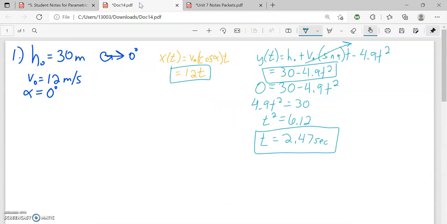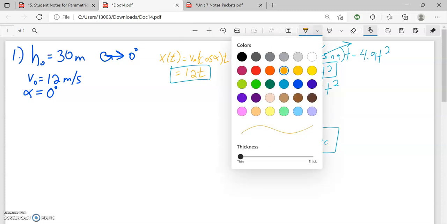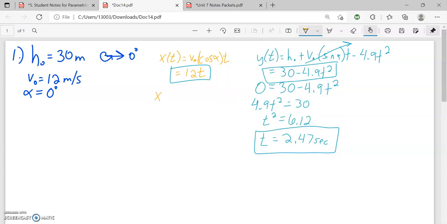So going back real quick, we know that it took 2.5-ish seconds to hit the ground. Well, every second that goes by vertically, the same amount of time and distance is traveling horizontally. So after 1 second, we're 12 meters, 2 seconds, we're 24.